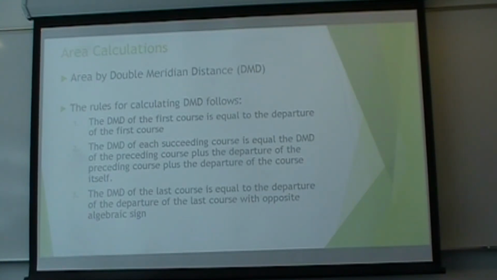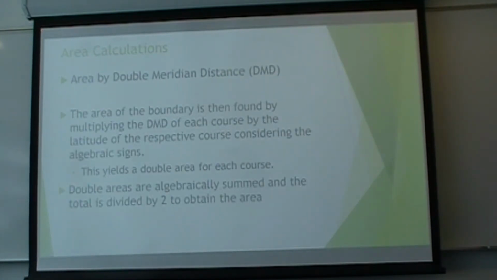And you're going to do that through the whole process until you get to the end, and the last course should equal the departure of the last course, but it should have an algebraic sign opposite. So if it doesn't have the opposite algebraic sign, or it doesn't have the value being the same, then you did something wrong.